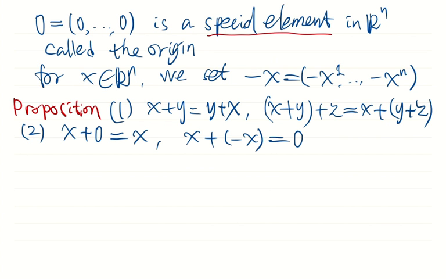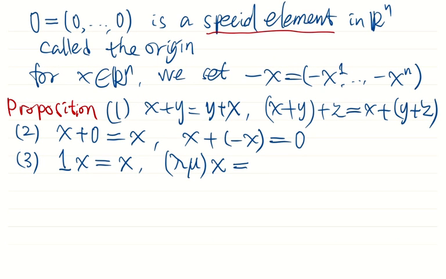The third statement is that the real number 1 multiplied by an element x in Rn equals x. And for two real numbers, lambda and mu, of course their product is a real number. This real number multiplied by an element x in Rn equals, firstly, we use mu to multiply x, then multiply this with lambda.